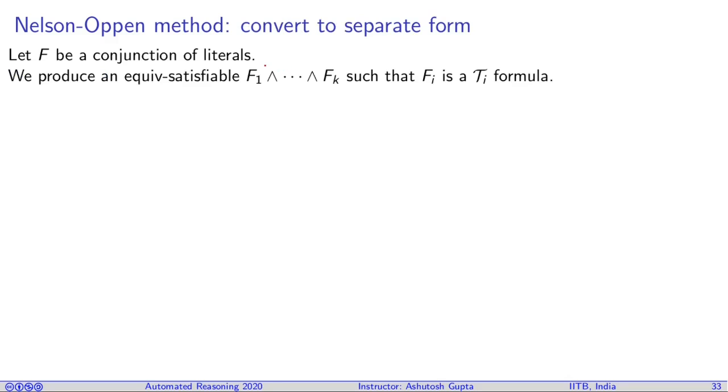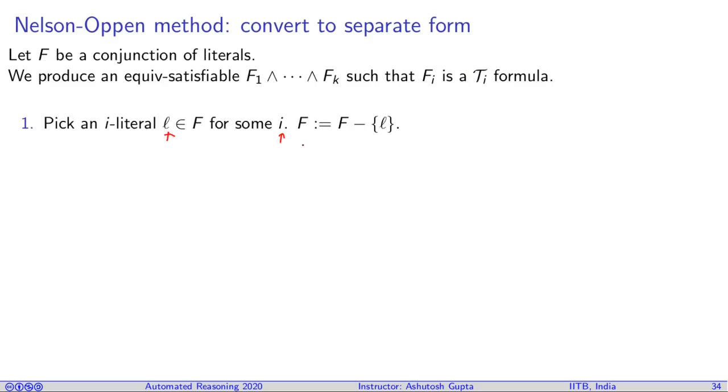Now let us look at how to convert to separate form. What we will do is take a formula F as a conjunction of literals, and convert it to a conjunction of formulas F1 to Fk such that Fi is a Ti formula. It does not contain any symbol from any other theory. It's in pure form, and all the alien occurrences have been somehow removed.